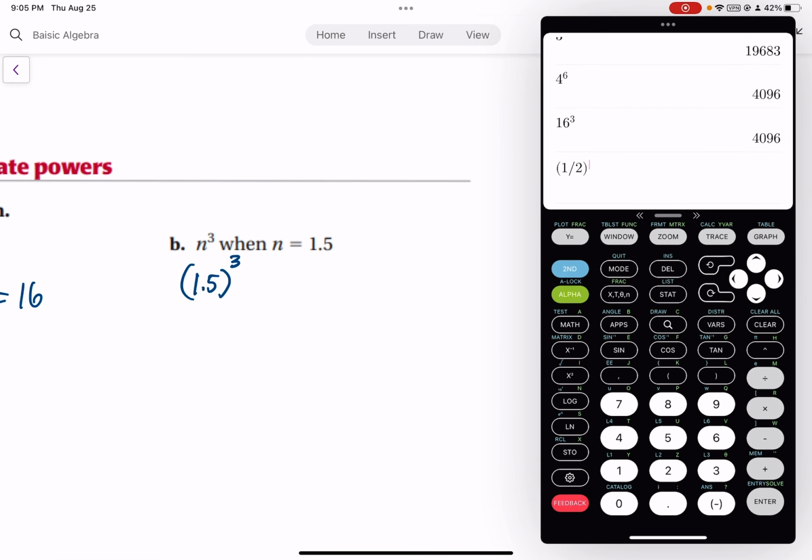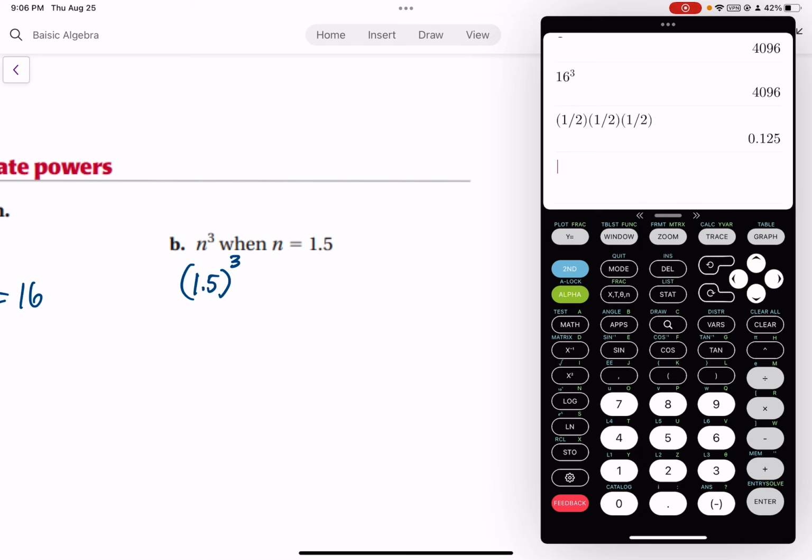So I want my calculator as 1/2 to the power of 3, or 1/2 times 1/2 times 1/2.